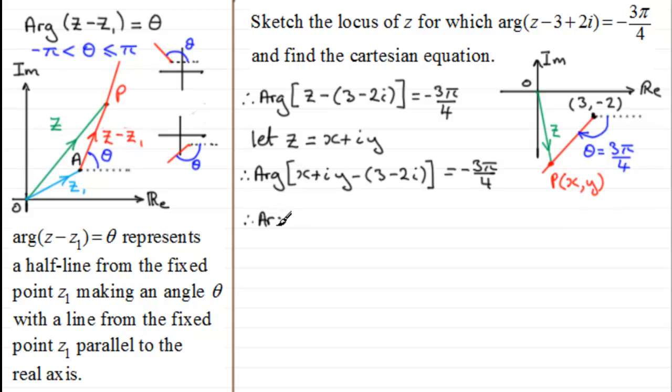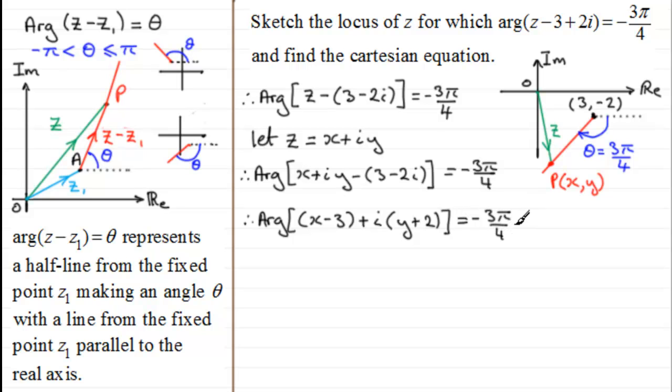So we've got the arg of, and then the real part will be (x − 3), let's put that in brackets there. Then we'll put plus i, pull out an i as a common factor, and we've got (y + 2). And that is going to equal −3π/4.